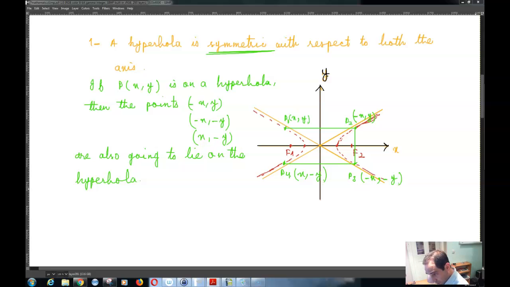And there is something about the foci. So the foci, these two points over here, F1 and F2, are always on the transverse axis.